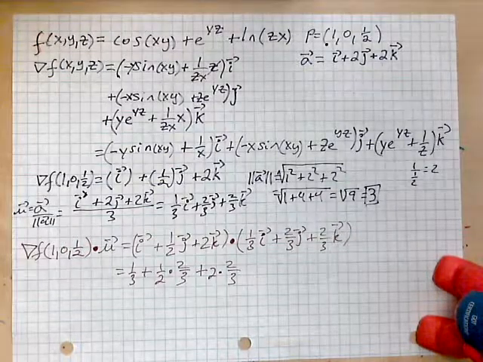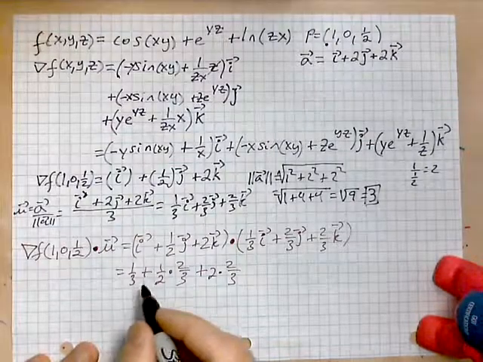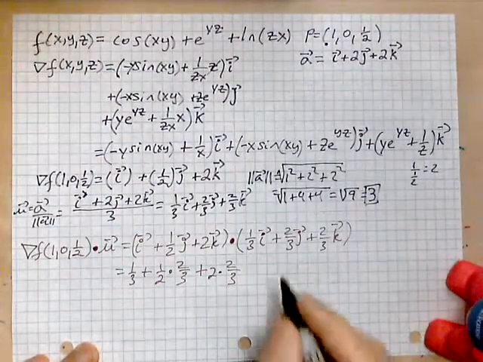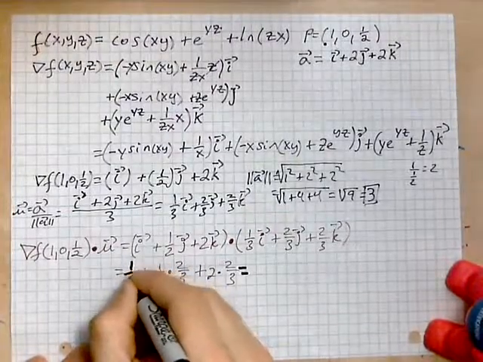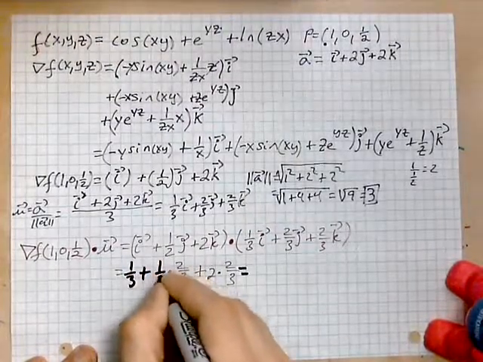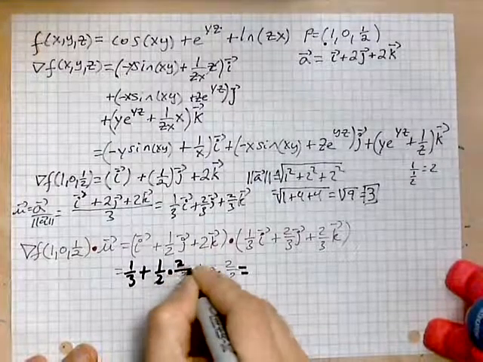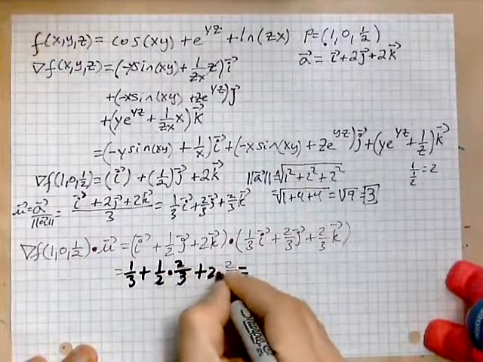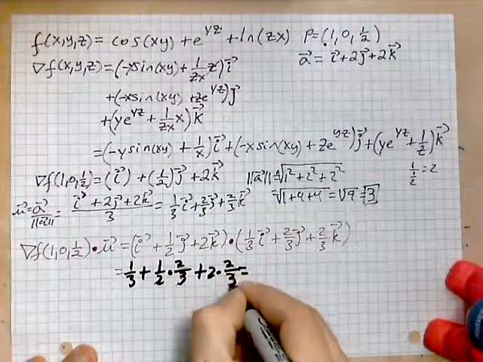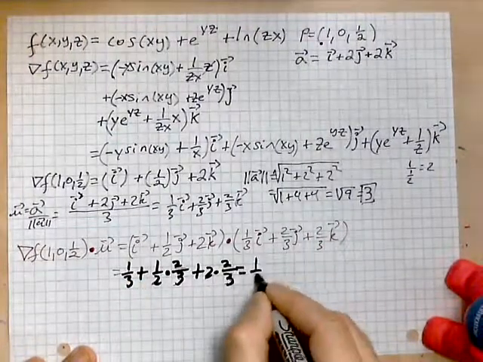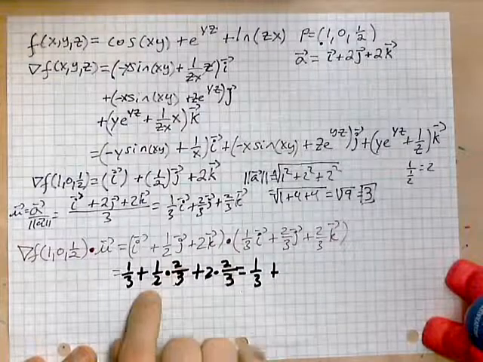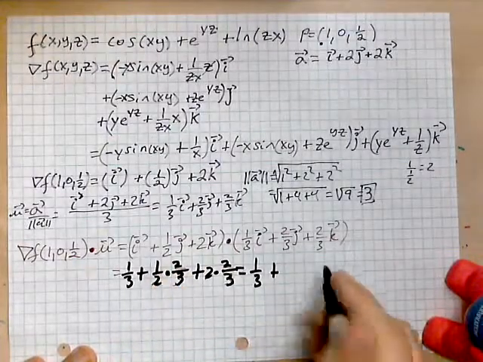So with this, let's simplify this. And now the rest I will write in a dark marker. It should fit on a page. Let me even trace this over. So 1/3 plus 1/2 times 2 over 3 plus 2 times 2 over 3. So you've got 1/3 plus another third, right? 1/2 of 2/3 is another third.